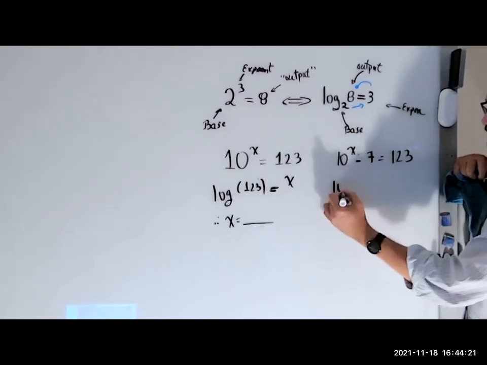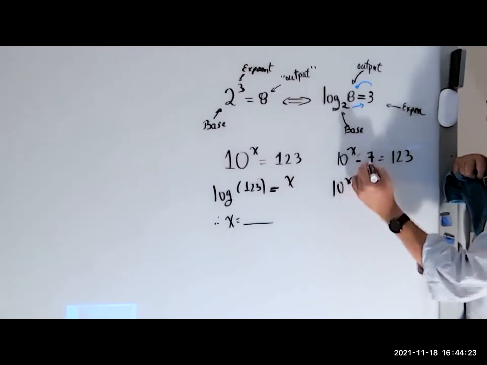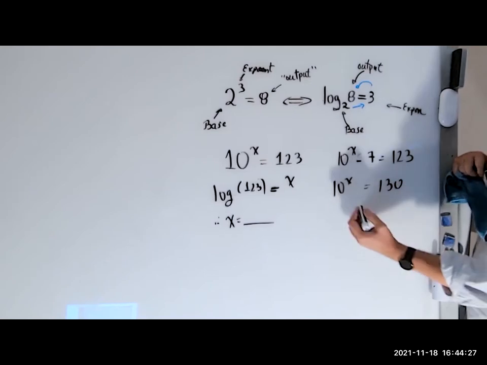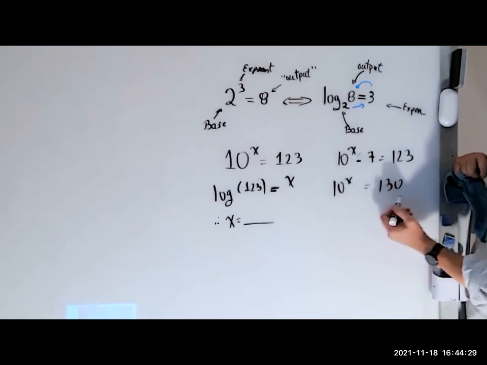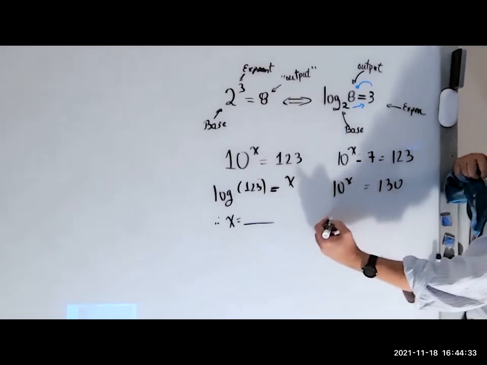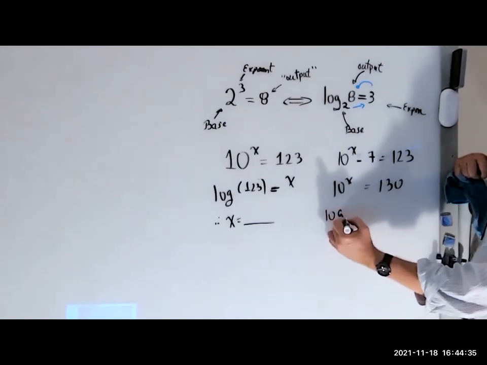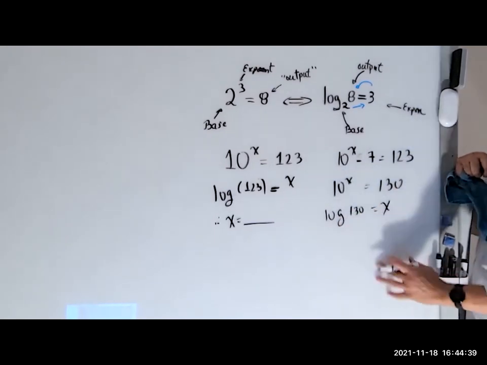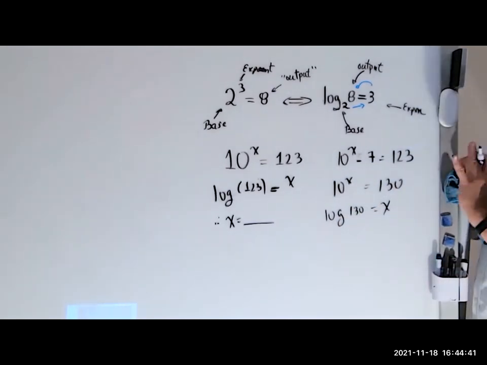So I have 10 to the x equals 123 plus 7, which is 130. Now that I have 10 to the x equals a number by itself, I can switch to log. So it's log base 10 of 130 equals x, and then the calculator will do the rest of the work.